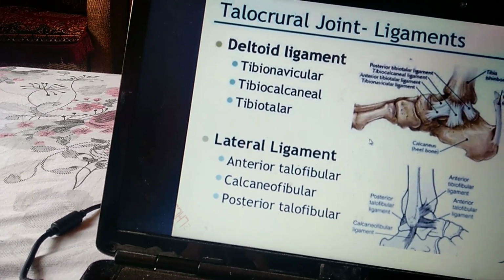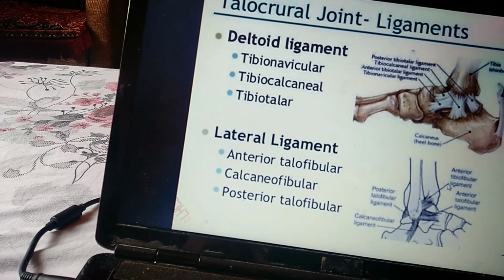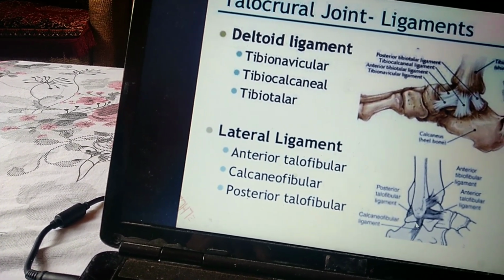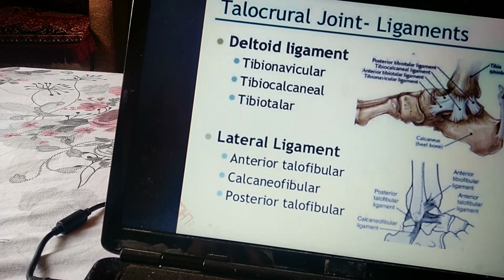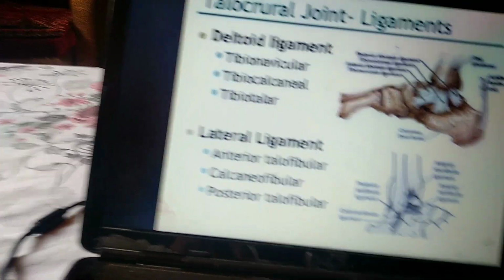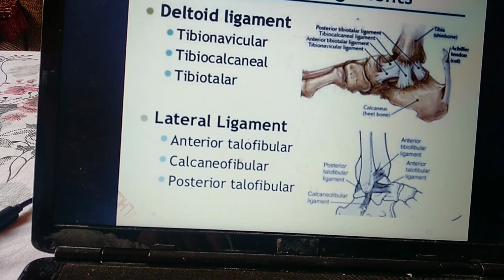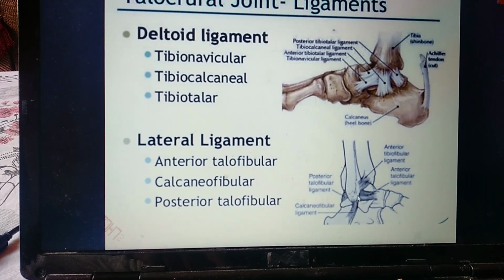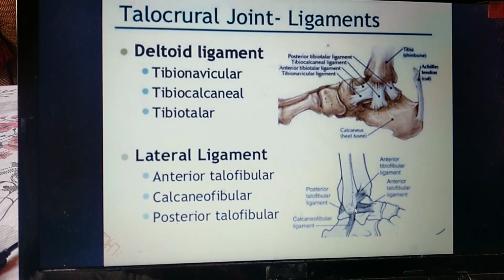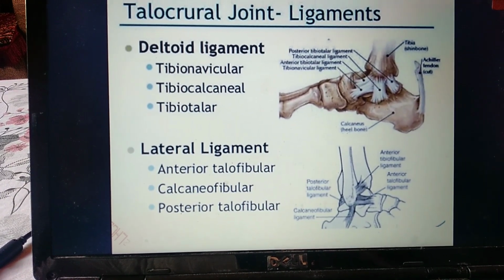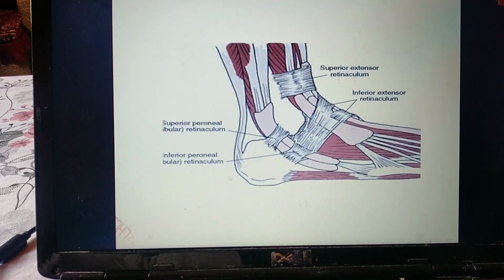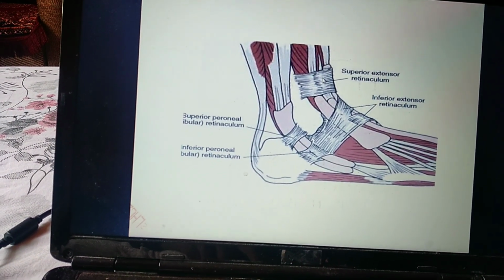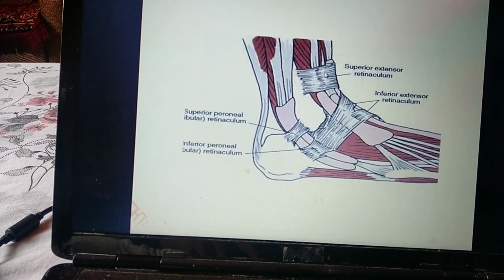So not only do the deltoid ligament and the lateral ligament stabilize the talocrural joint, they also stabilize the joint between the talus and the calcaneum, the subtalar joint, which we'll see subsequently. So this is not exclusively ligamentous support for the ankle joint, but also for the subtalar joint.